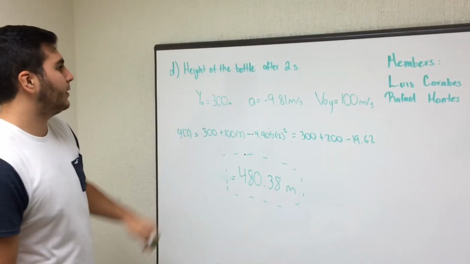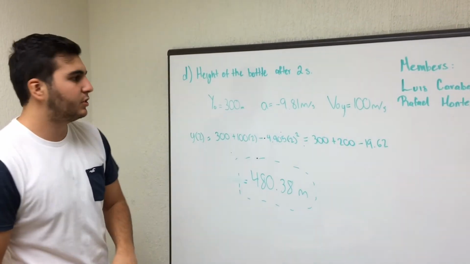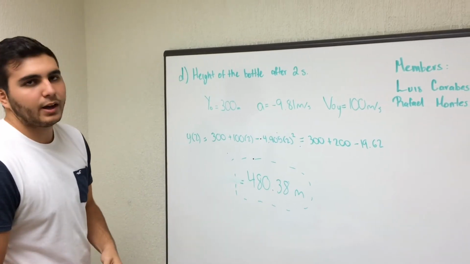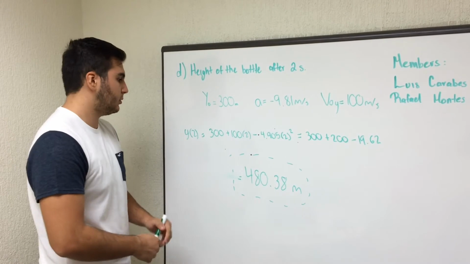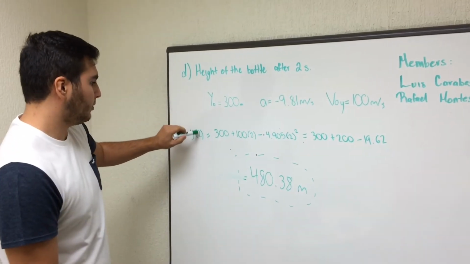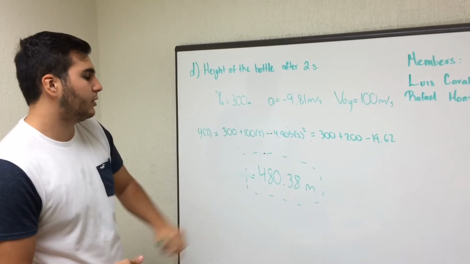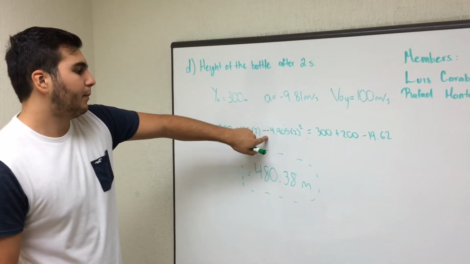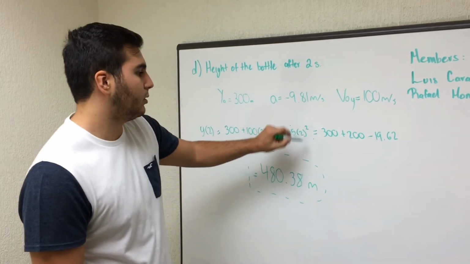In part D, the problem asks us to calculate the height of the bottle after 2 seconds. So the only thing that we have to do is substitute time by 2 seconds. So we only substitute 300 plus 100 times 2 minus 4.905 times 2 squared.